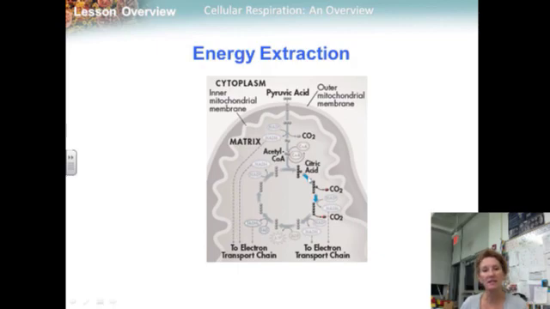Why is it oxidized? Because it's losing electrons, into a 5-carbon compound, and then more CO2 is being taken out, and then it gets oxidized to a 4-carbon compound. Again, more CO2 is being released there too. The 4-carbon compound can then start the cycle again by combining with acetyl-CoA again, up there.